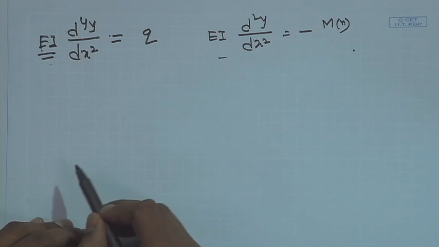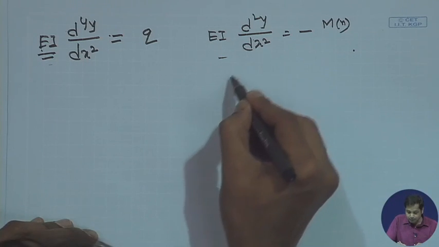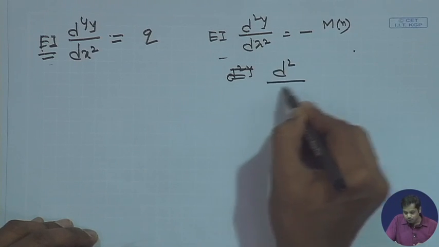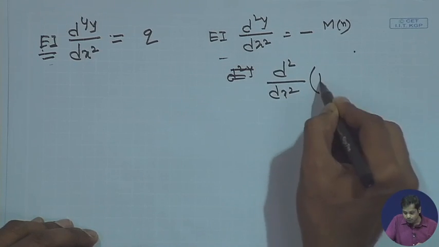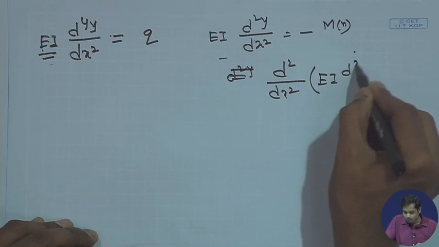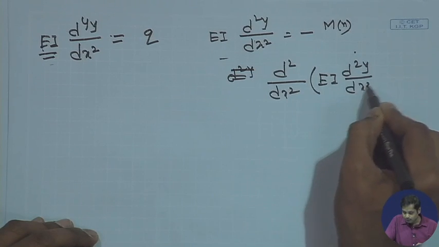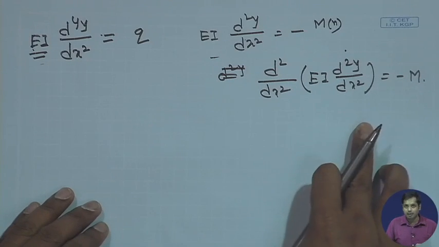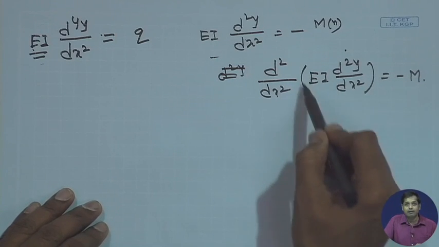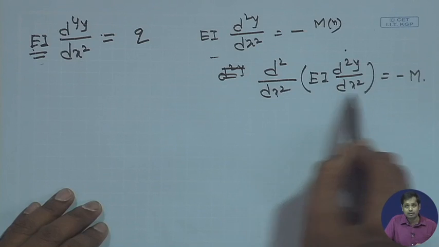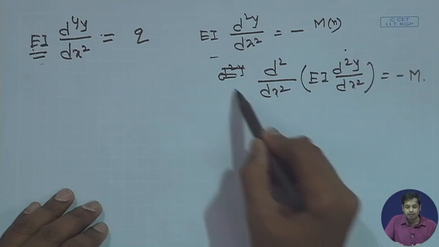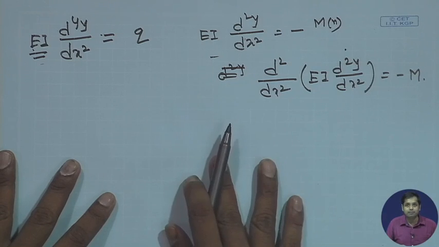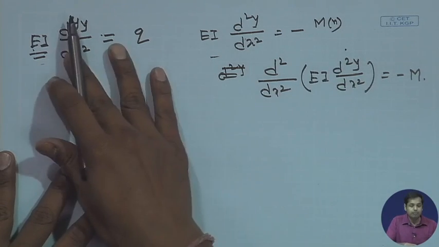Then the expression becomes d2/dx2 of EI d2y/dx2 equal to minus m. Because if EI are functions of x you cannot take them out, but if they are constant and uniform throughout the length, you can take them out. As far as this problem is concerned, EI are constant, so we will be using this.